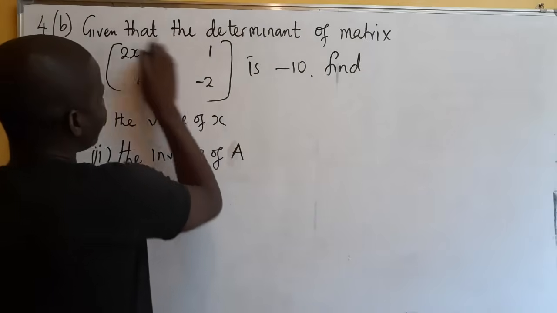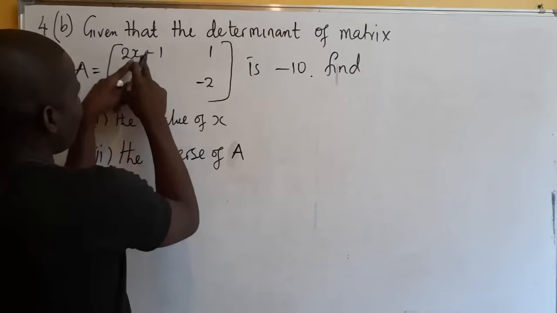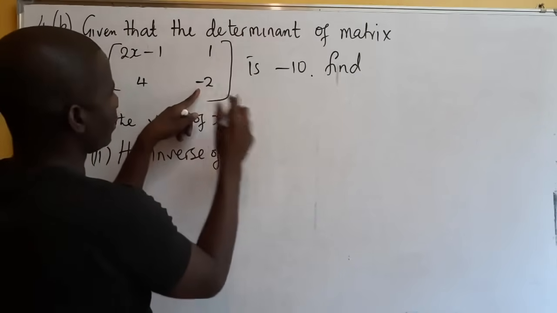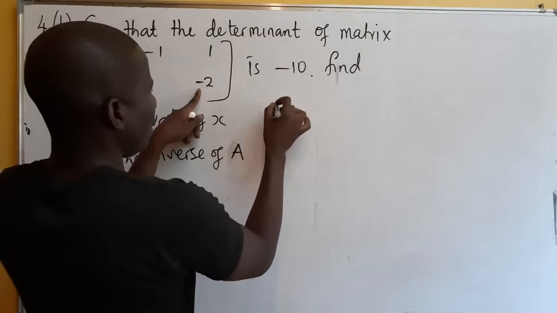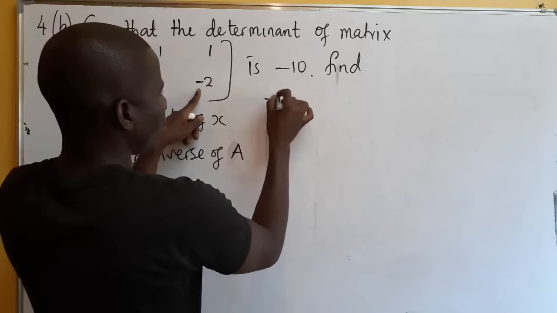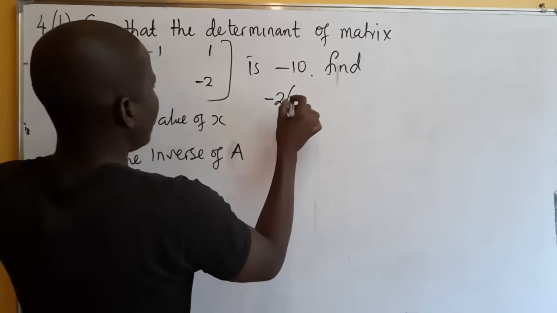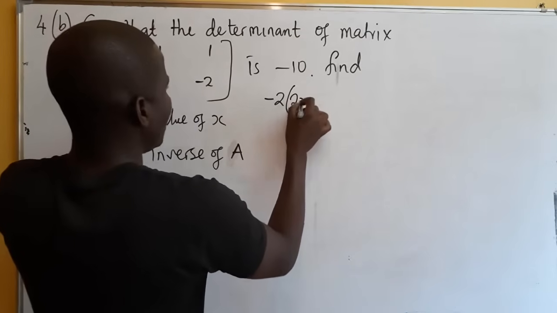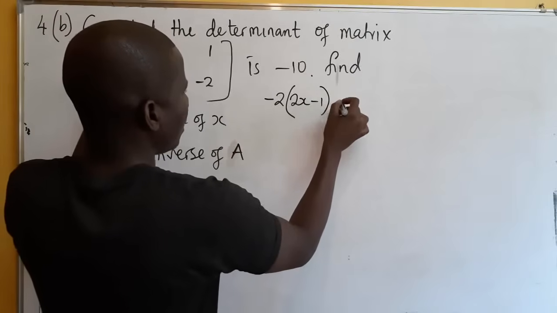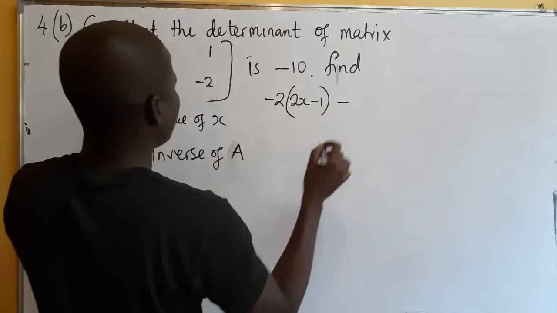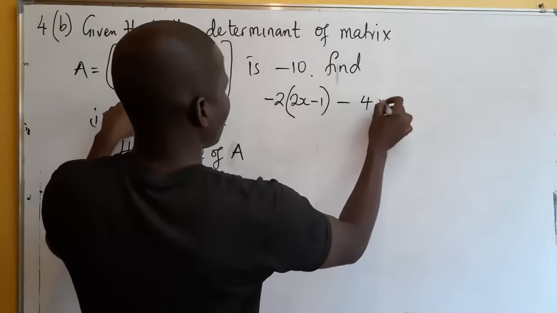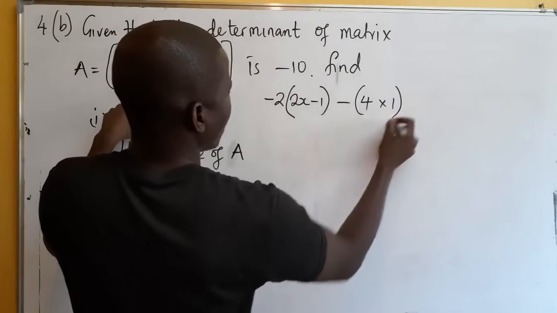So we need to find the determinant. How do we find the determinant? We multiply this one by this one, which is going to be -2 multiplied by 2x minus 1, minus 4 multiplied by 1.